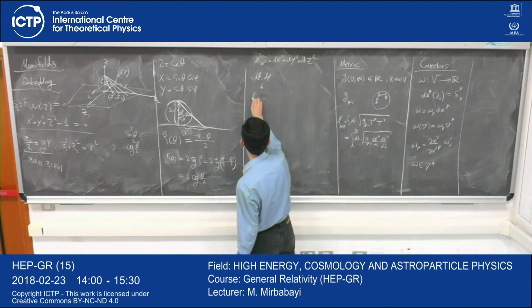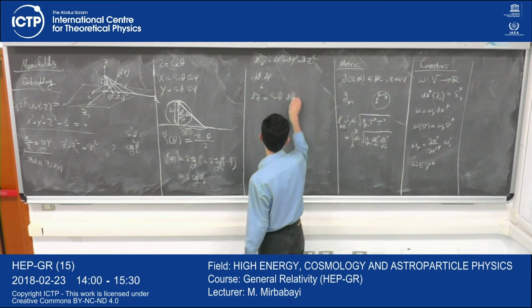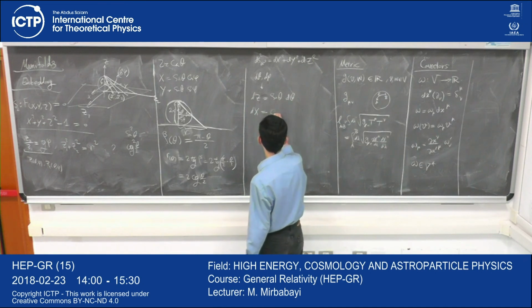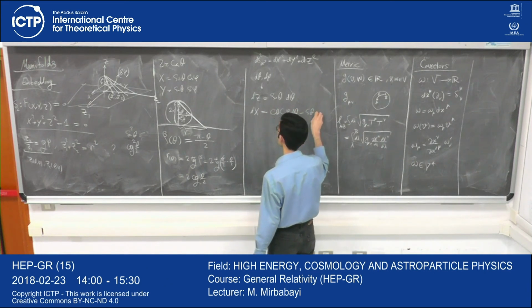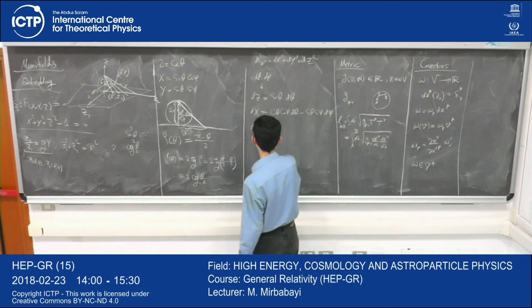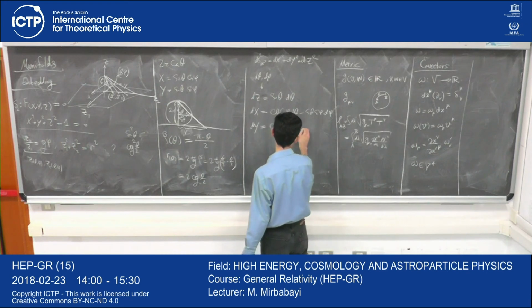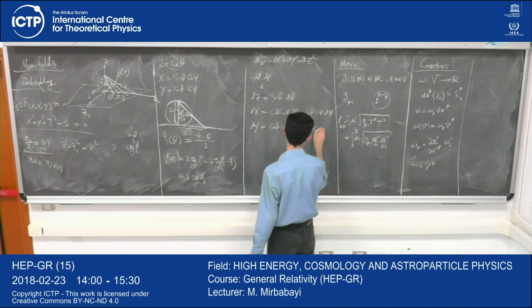So what would they be? dz is just sine theta d theta. dx is cosine theta cosine phi d theta minus sine theta sine phi d phi, and dy is cosine theta sine phi d theta plus sine theta cosine phi d phi.